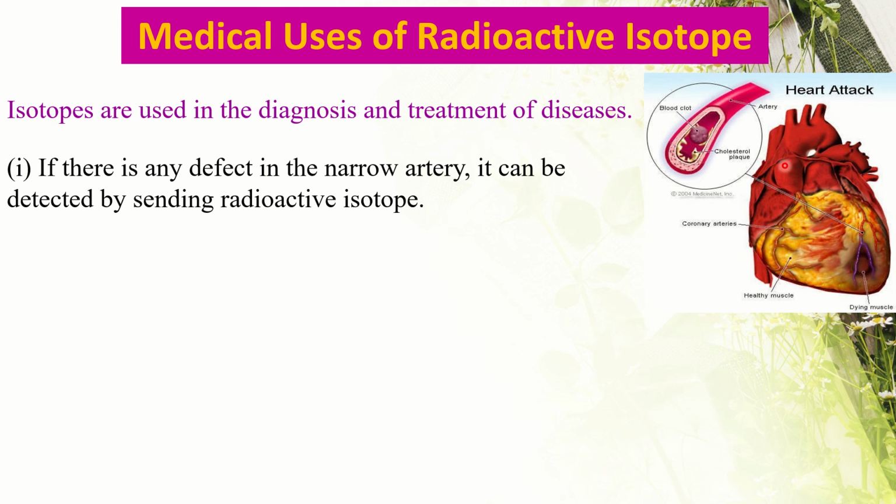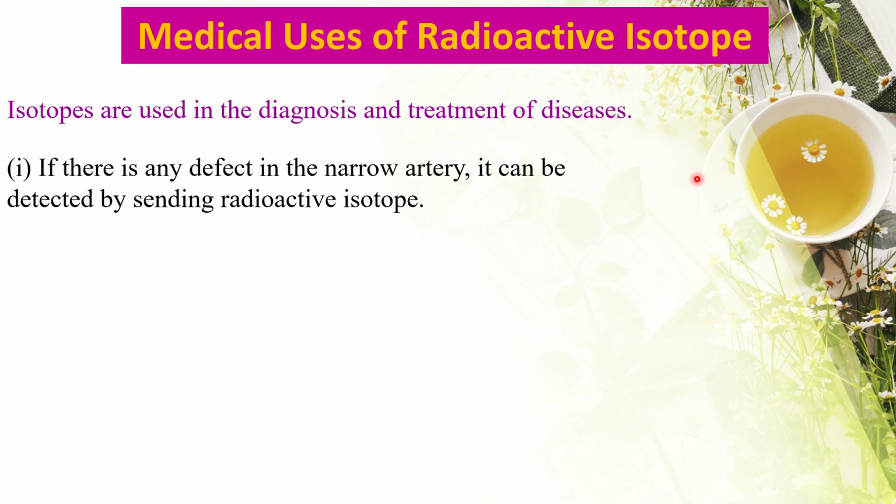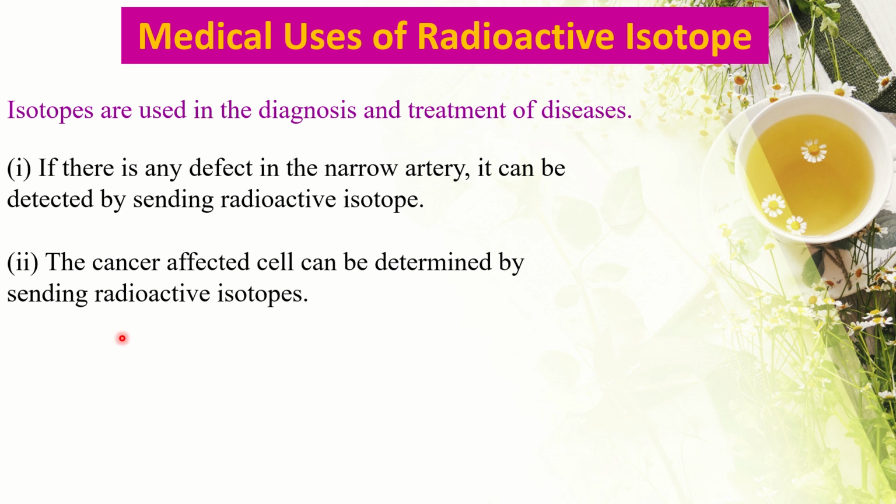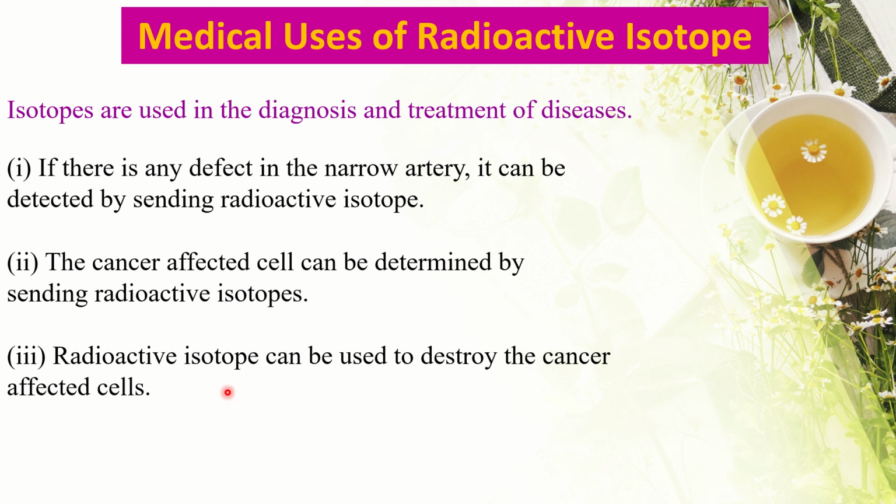Look at this picture. Here, there is a blood clot in this artery. So here, a radioactive isotope can be sent through this artery to detect this clot. Again, the cancer-affected cell can be determined by sending radioactive isotopes, and radioactive isotope can be used to destroy the cancer-affected cells.